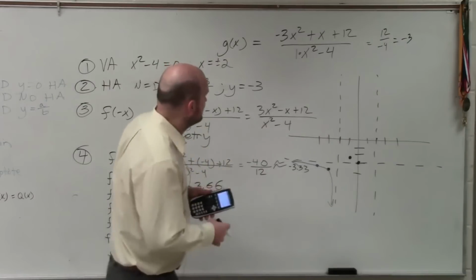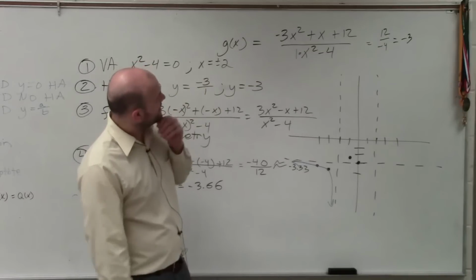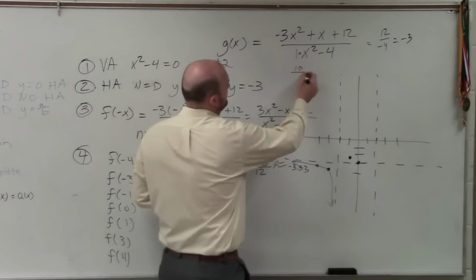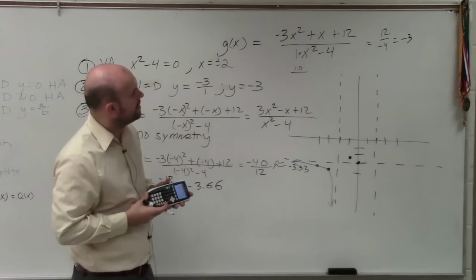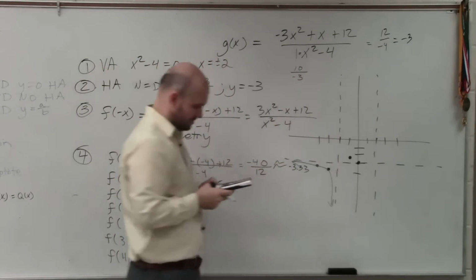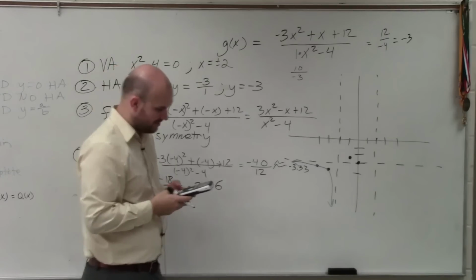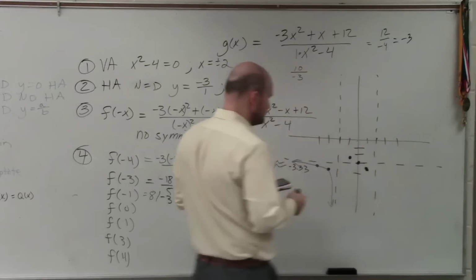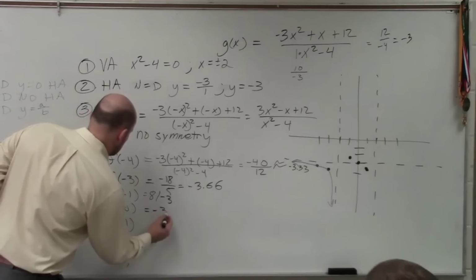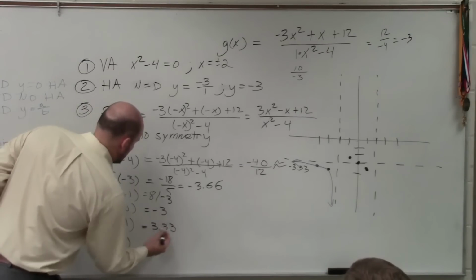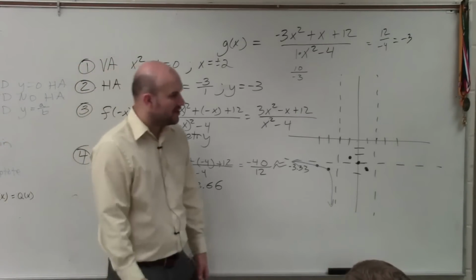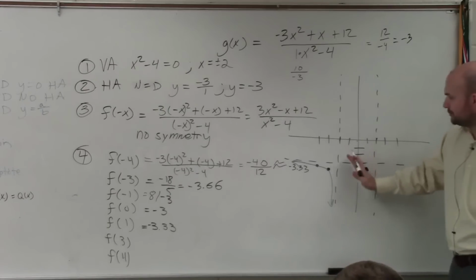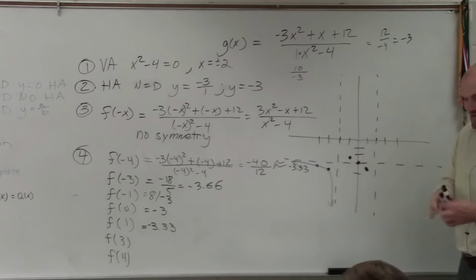Let's check at number 1. If we plug in 1, you'll have negative 3, negative 2. So negative 2, that's going to be 10 over 1 squared is 1 minus 3 is negative 3. So 10 divided by negative 3 is negative 3.33. So at 1, I'm at negative 3.33. All right. So how do I graph something that goes through these 3 points, but converges to this asymptote and that asymptote?